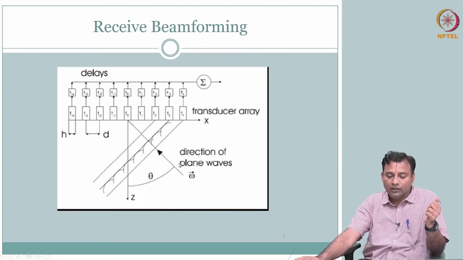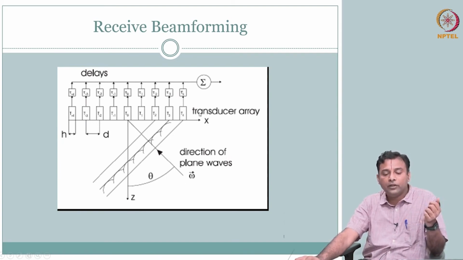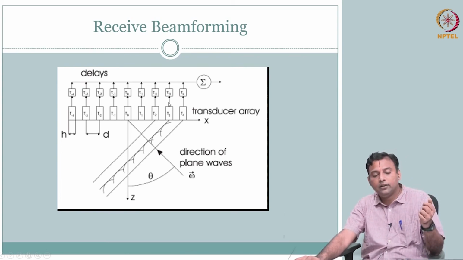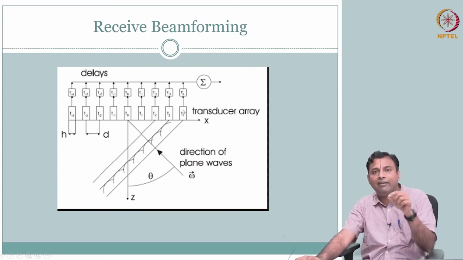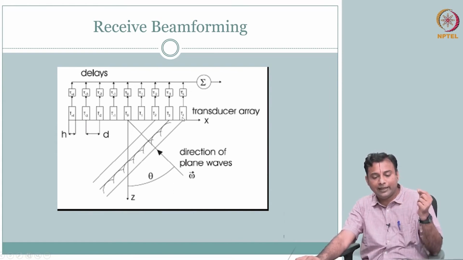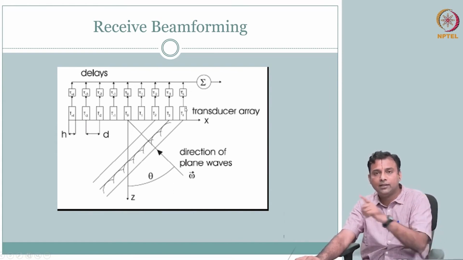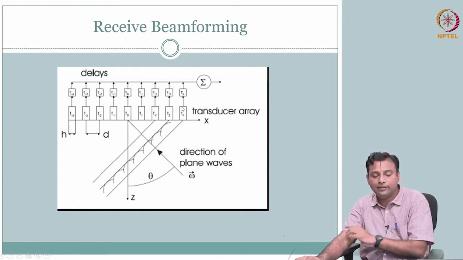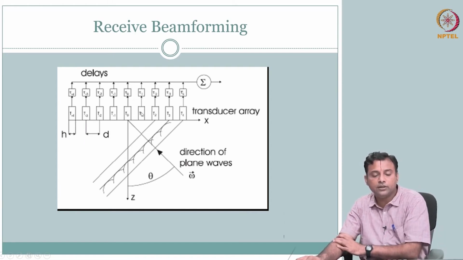So, the echoes are coming back, right. If you send a plane wave, the echoes are going to come back, and you could do the reverse of what you did already. So, here this is what is going to go to your ADC. Each channel will have a corresponding analog to digital converter. So, you have this trace, transducer 1 has one signal, transducer 2, so each one is receiving the signal.